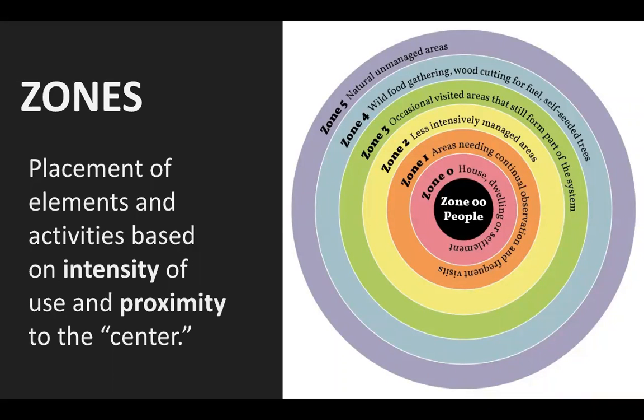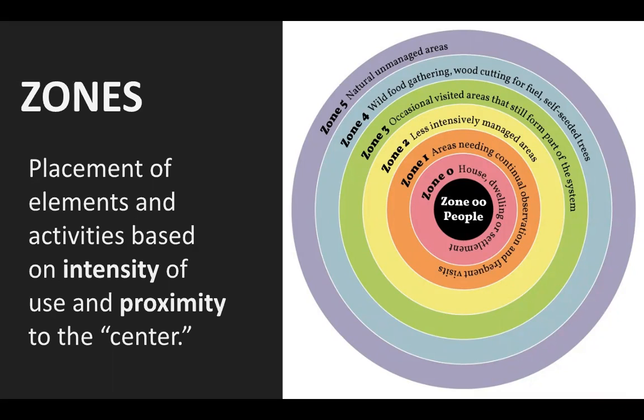Moving outward, zone 2, this is where elements are placed that require attention maybe once a day or a couple times per week. Examples of things you might put in here are perennial vegetables or bigger compost bins for yard waste, maybe small livestock like rabbits, semi-dwarf orchards perhaps, beehives, although maybe beehives might be out in zone 3 as well.